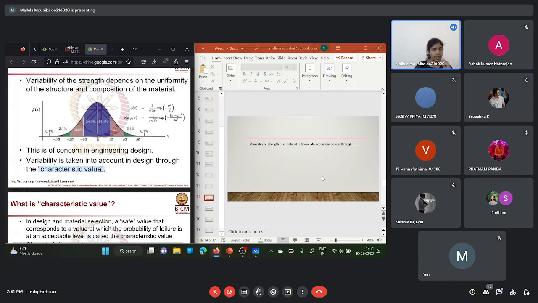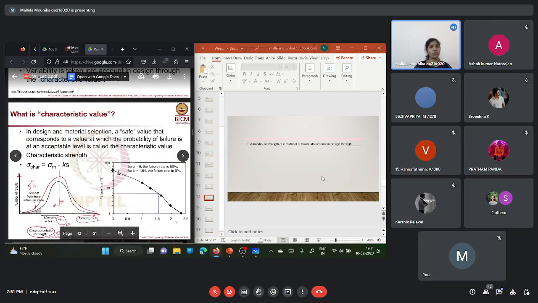The variability of the strength of a material is taken into account in the design process based on this characteristic value. Let me explain what the characteristic value is.